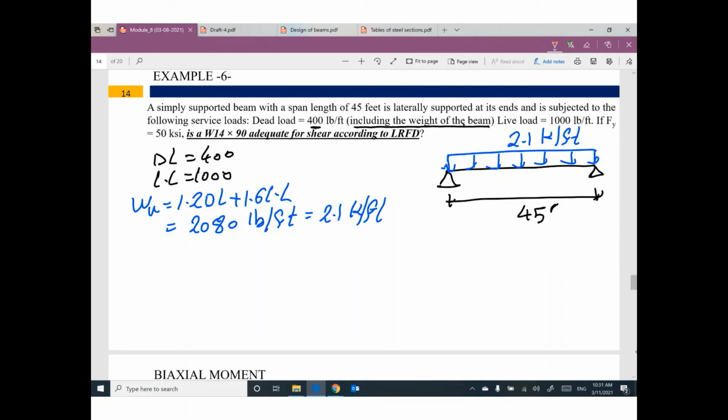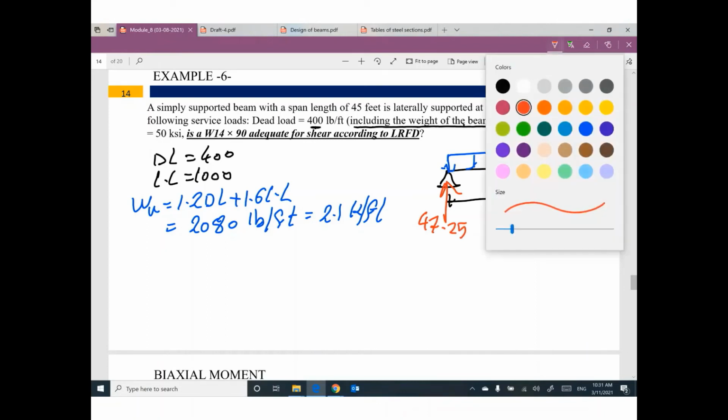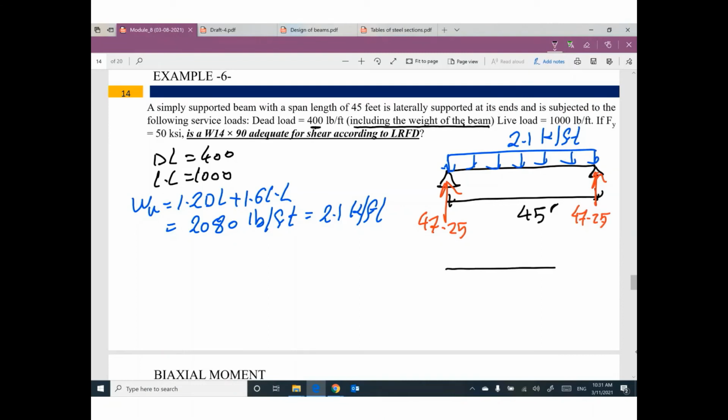If you go back to structural analysis, we have a reaction here and a reaction here. How much? 2.1 times 45 divided by 2, which is 47.25. The shear force diagram will be like this.